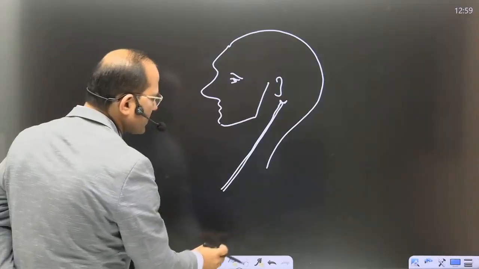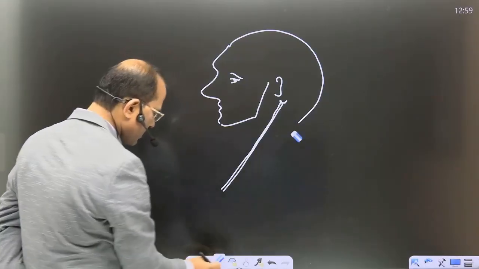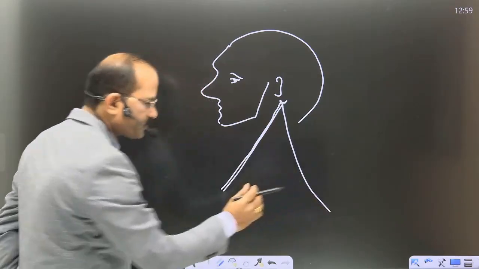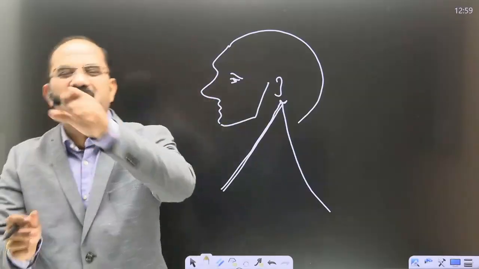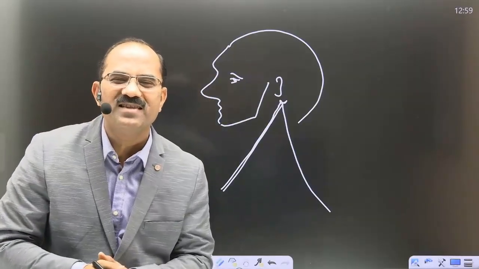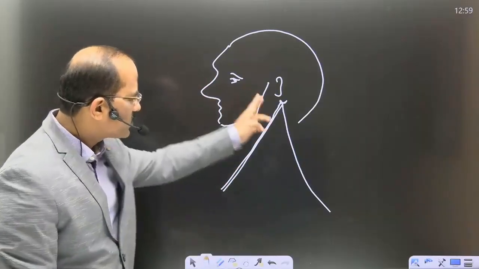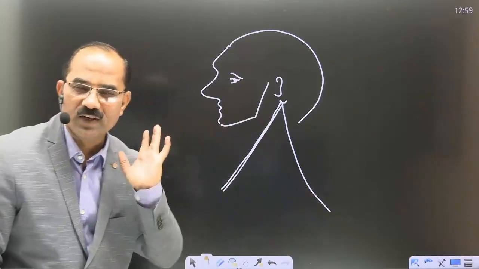And now students, can you tell me what is this muscle going to be? Let me just slightly clear this. Okay, so what is this muscle which is going behind like this? This muscle here, which is also supplied by the spinal accessory nerve. Any guesses? That's the trapezius. So sternocleidomastoid and the trapezius, both of them are supplied by the spinal accessory nerve, correct?